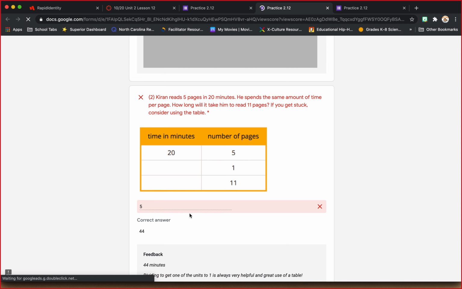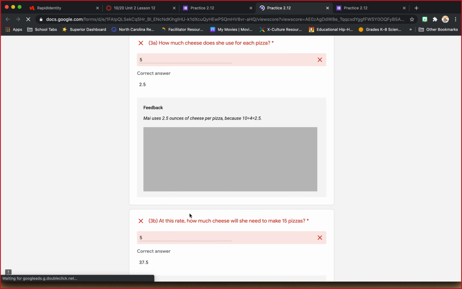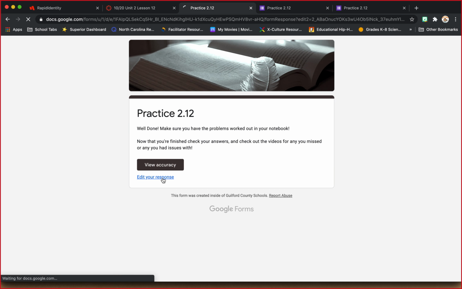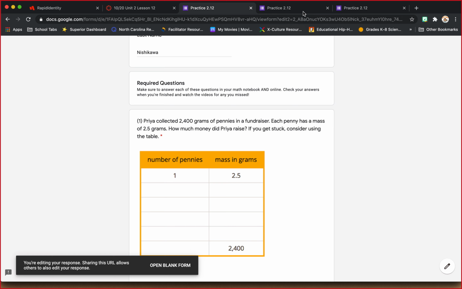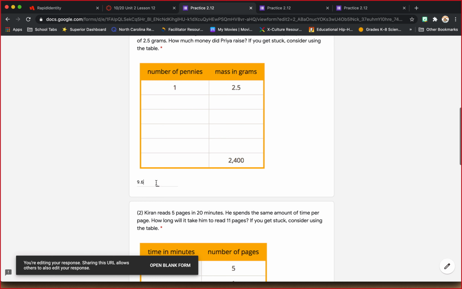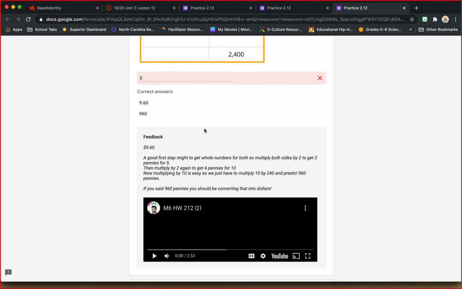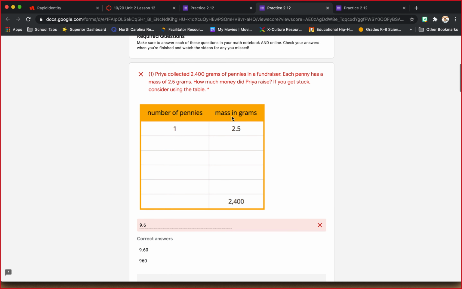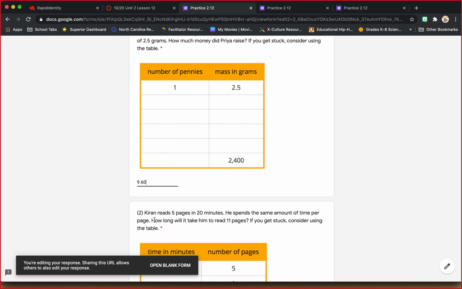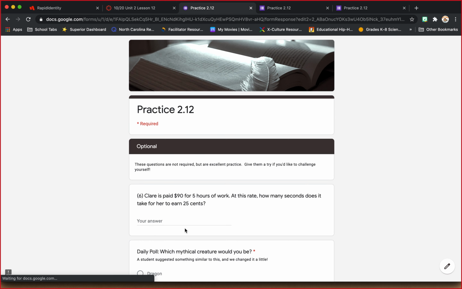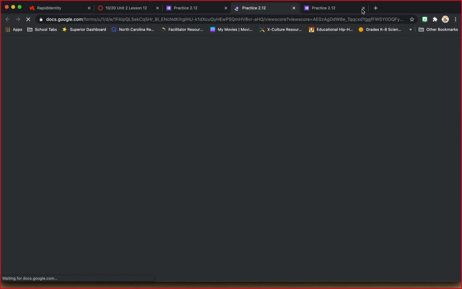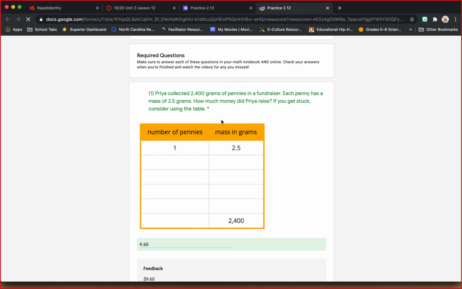Oh, I put it in the wrong spot, and make sure that they're all green. Oh, so it's 9.60. If you make a mistake like that, I have to put the 0, go in, and view your accuracy again. Until it turns green, it's wrong.